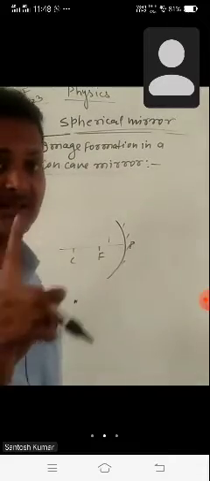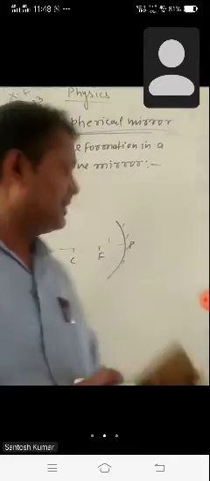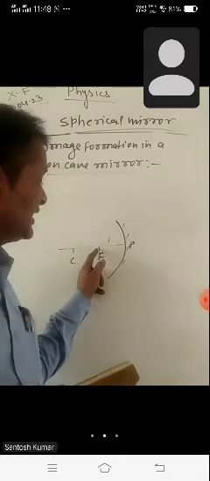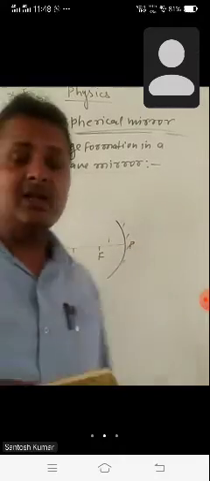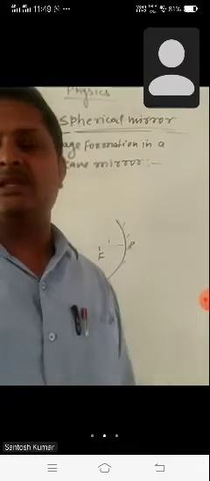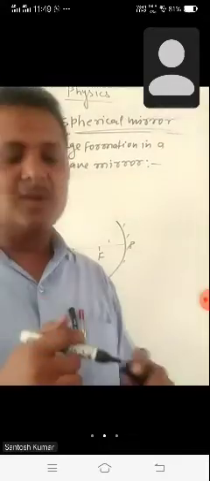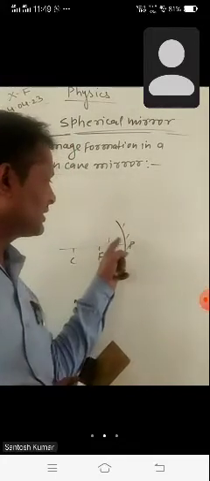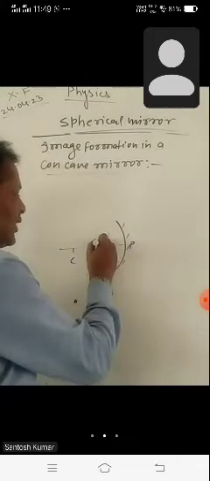Only one position. But numerically, if the value of F from this distance is 10, then between 0 and 10, infinite positions will be there. So when you solve numerically, you will have many options. But theoretically, only one option will be there: the object in between P and F. Second, when the object is at F, another answer will appear.